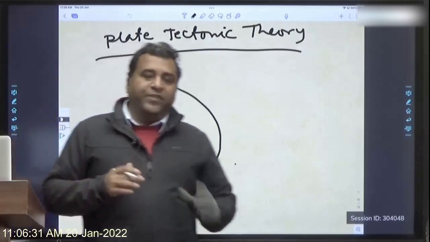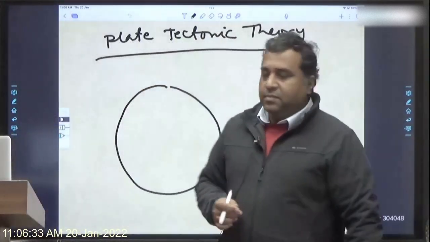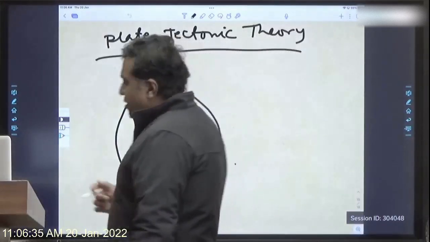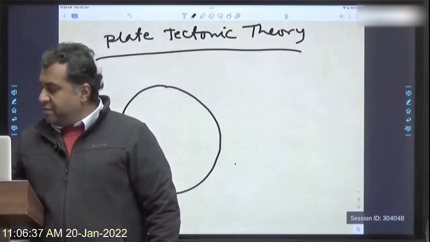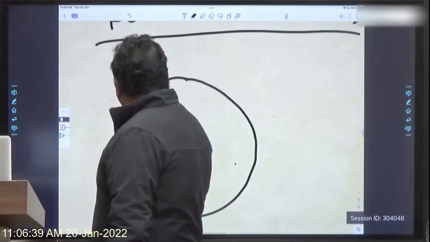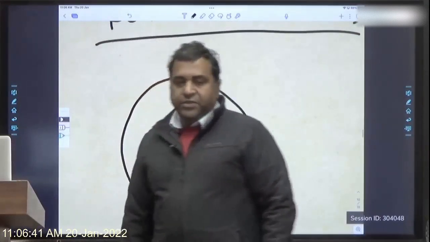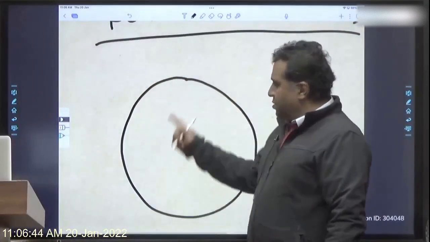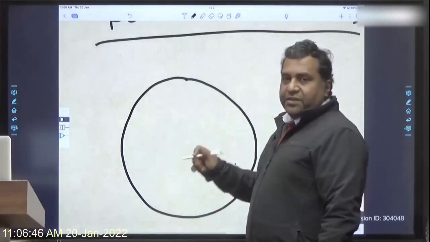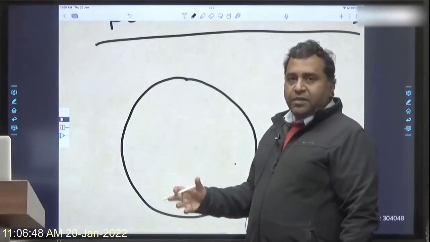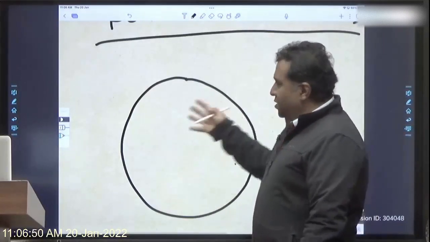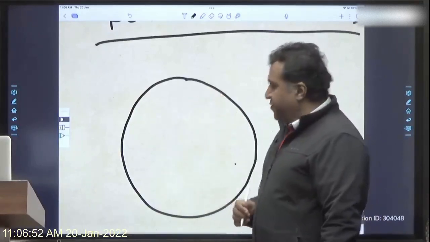Like the shell of the egg, like the shell of the egg, right? So just imagine this was your Earth. So just the way the shell of the egg is there on the egg, in the same way the lithosphere is there on this, okay, shell of the egg.